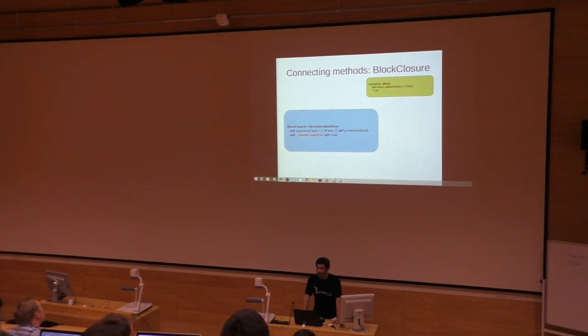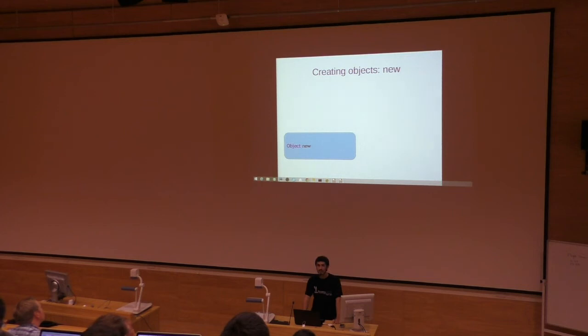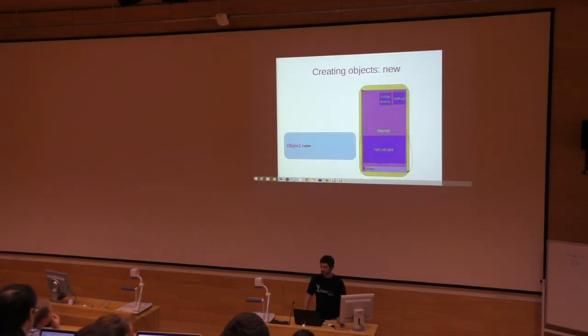Okay, so let's think, for example, how we can implement object new in our system. Well, if we are going to create objects, we are going to need an arena, a place where to store the objects. When we generate the library, we have an initial arena that knows where the memory of this arena starts, where it ends, and what the free space is.